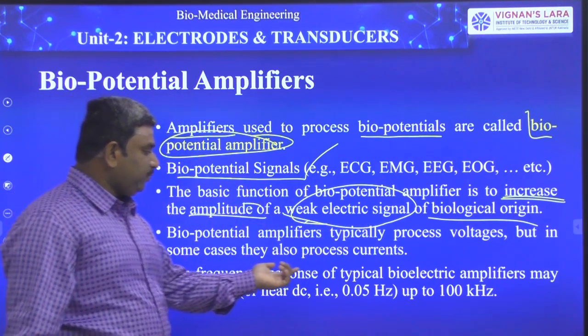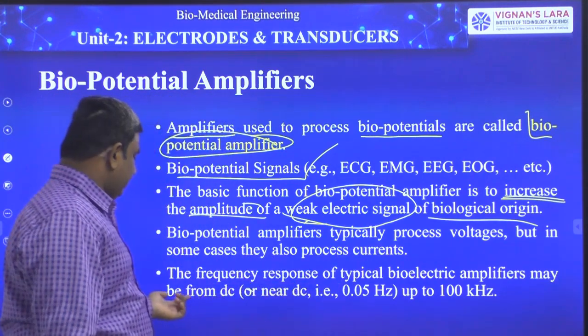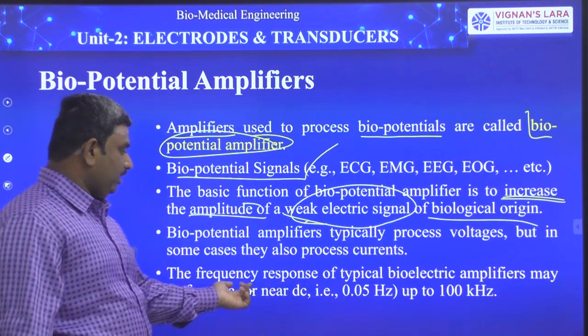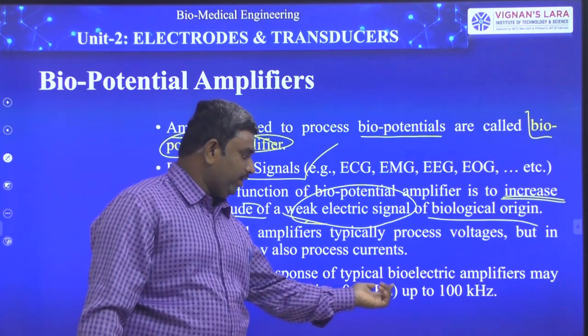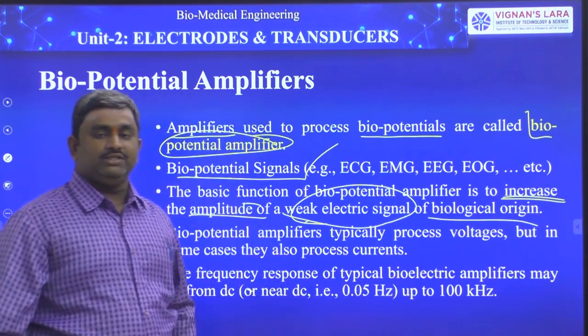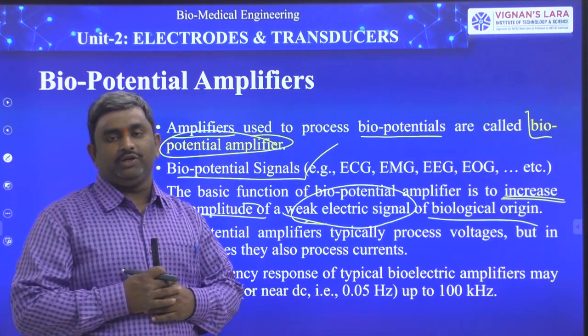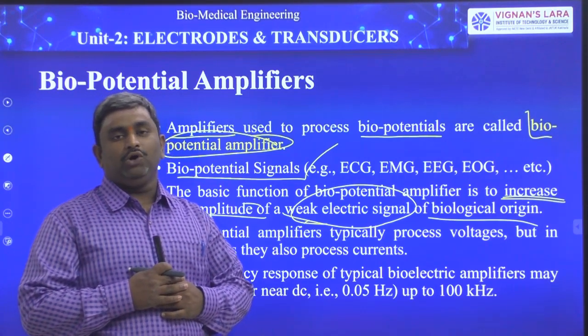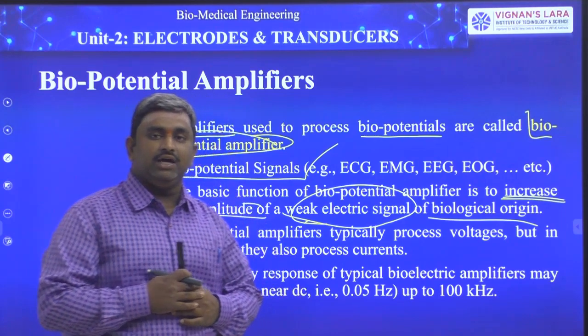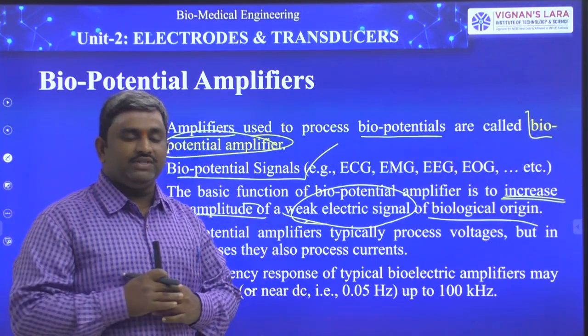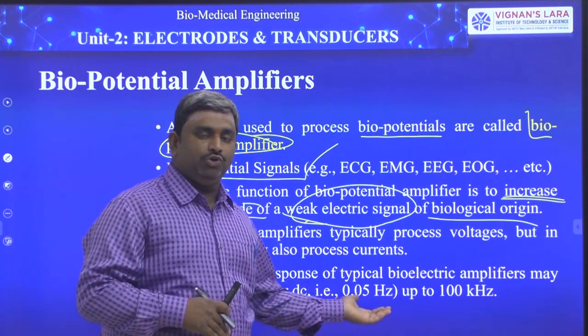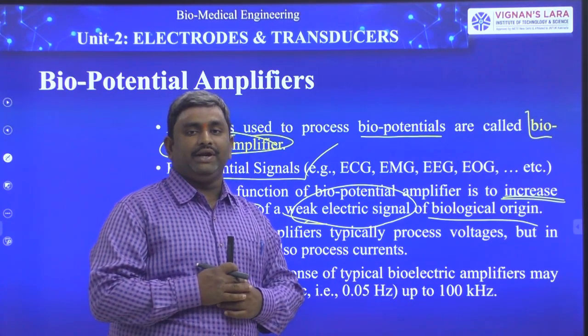The frequency response of typical bioelectric amplifiers may be from DC or near DC, that is 0.05 Hz, up to 100 kHz. Basically, the human body produces many bioelectric potentials with a frequency range from 0.05 Hz to 100 kHz.